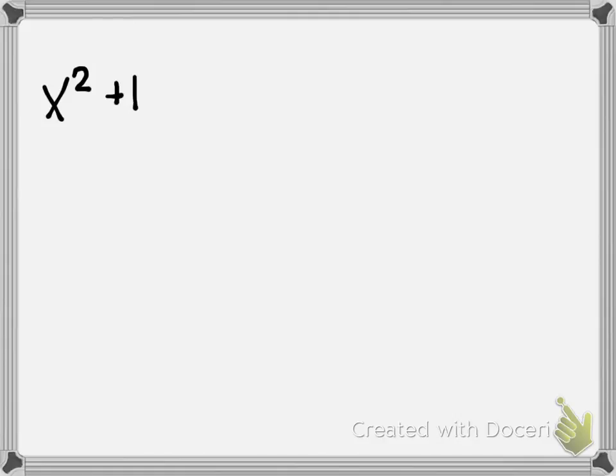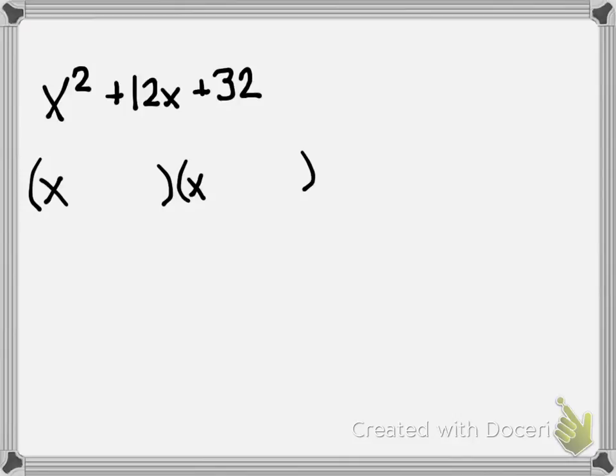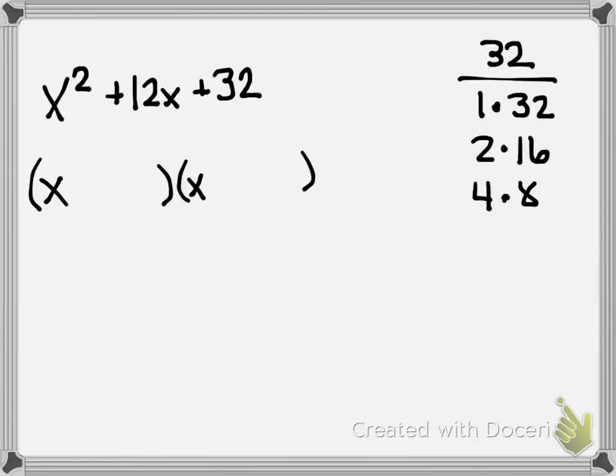So when we start with x squared plus 12x plus 32, and we want to factor it, it's pretty easy to get that first term because it's an x and an x. Now 32 has some factors: 1 and 32, 2 and 16, 4 and 8.